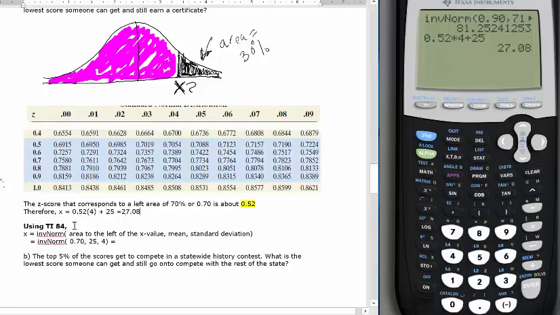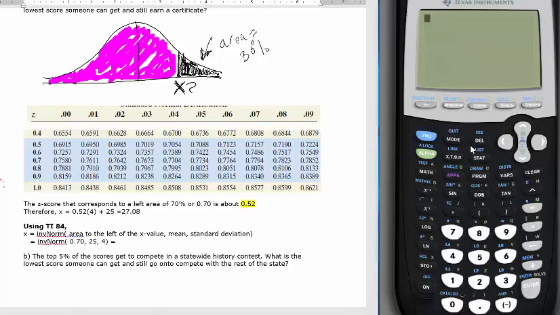Using the TI-84. Clear. Second, and variables, it's number 3 now, inverse normal. We agree that the area to the left in this situation is 0.7, so I'm going to put 0.7 here. Enter. Mean is what? 25. Standard deviation is what? 4.